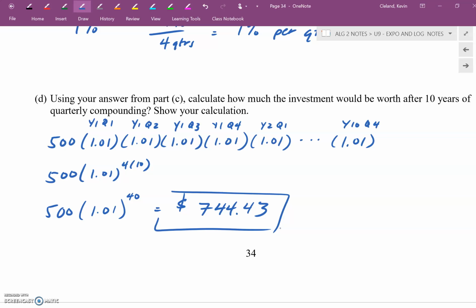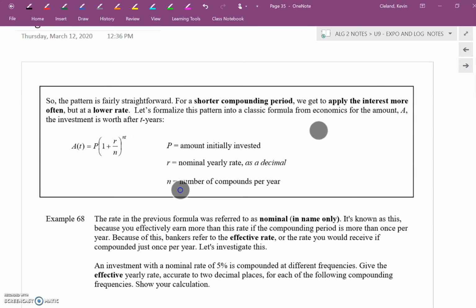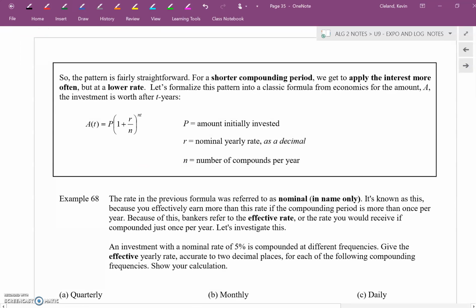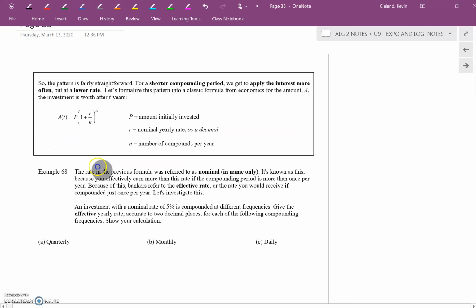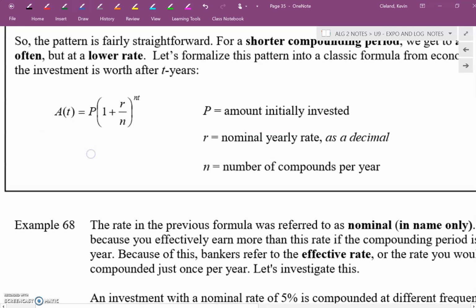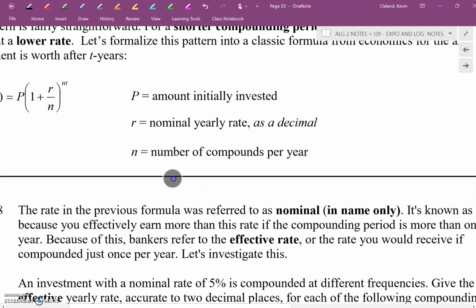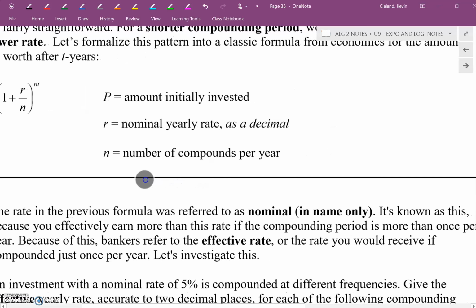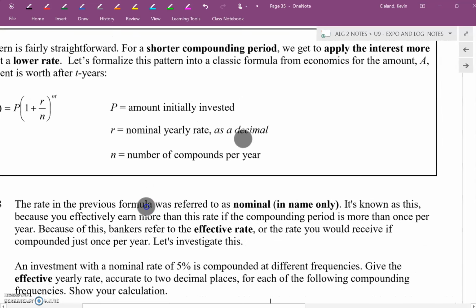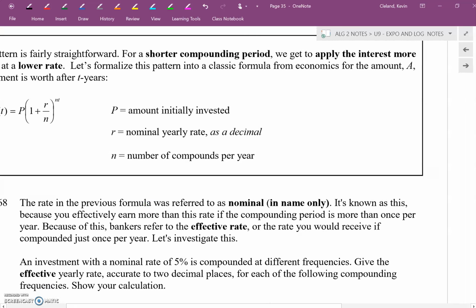All right, turning the page. This pattern is fairly straightforward. You should recognize the structure here. The only difference is that now it's adjusted, modified for compounding. So we have to divide, just like we did on the previous page where we divided the 4% by 4 quarters and then multiplied by 4 in the exponent because we're just compounding more often, so we're multiplying more often.